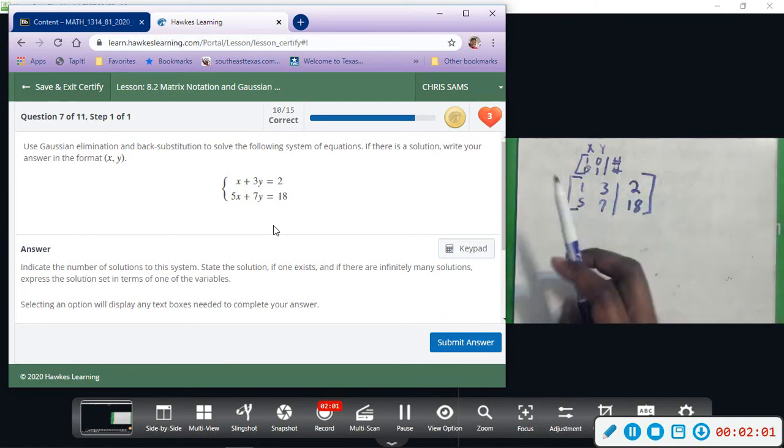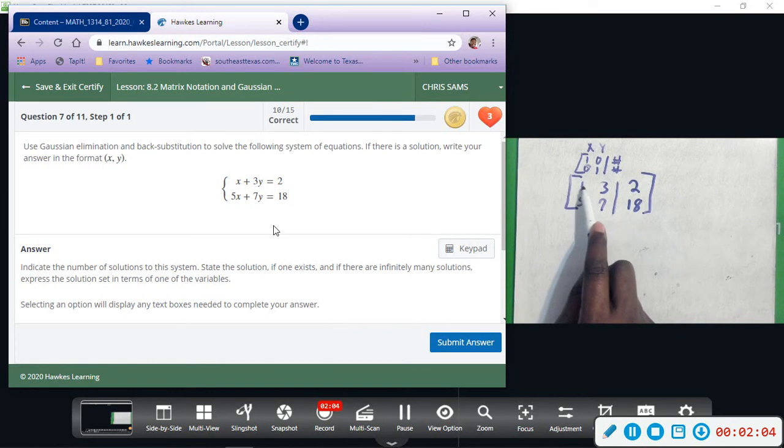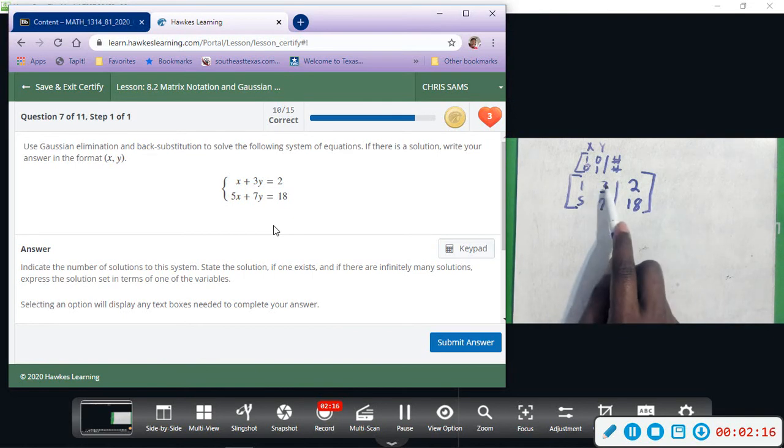Alright, so I already have a 1 in this position. So I'm going to use that to, well, actually I'm going to simplify. I guess it doesn't matter what you do. I'm going to use this 1 since I already have a 1 to zero out this row right here.